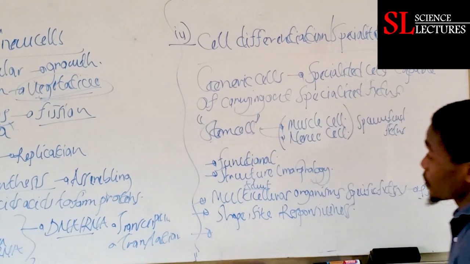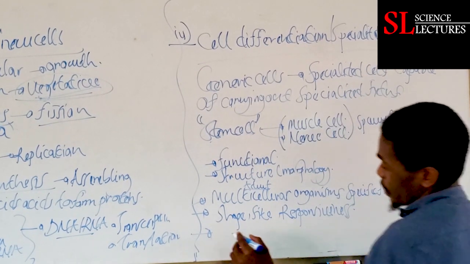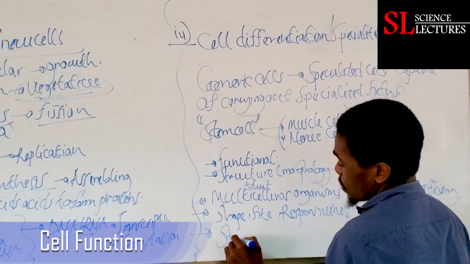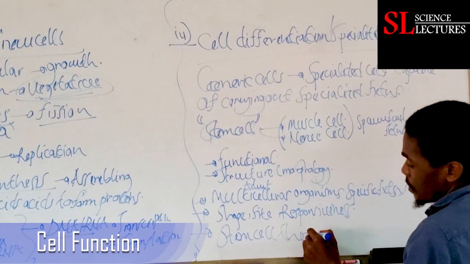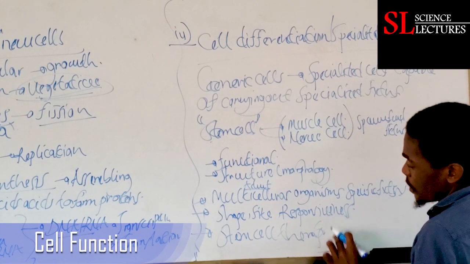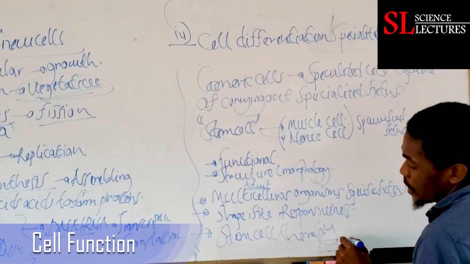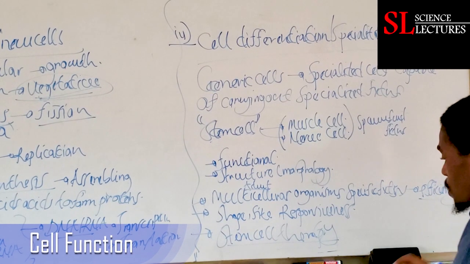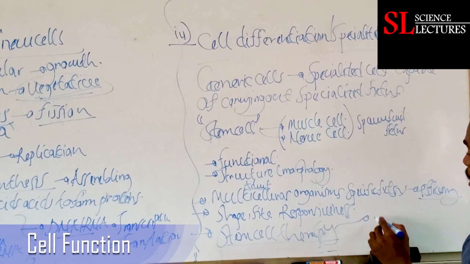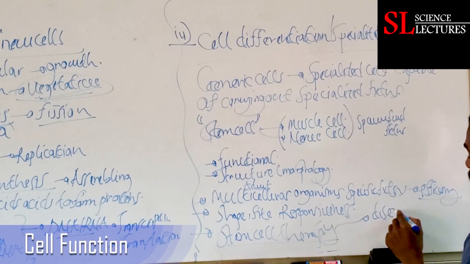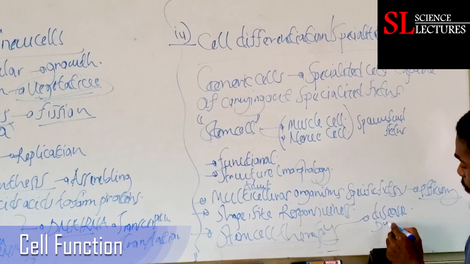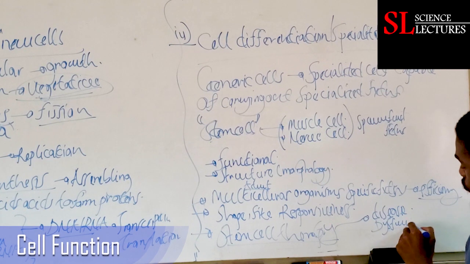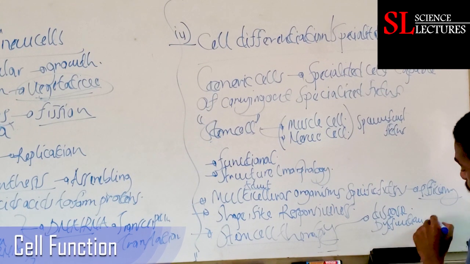Then another important thing is that cell specialization has led to stem cell therapy. It's one of the leading things into stem cell research and stem cell therapy, which can be applied in disease management of dysfunctional tissues or dysfunctional organs in the body.